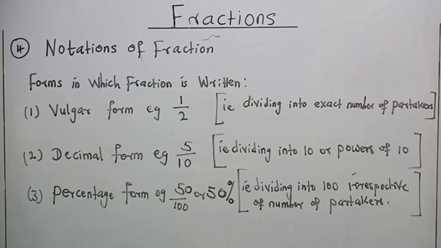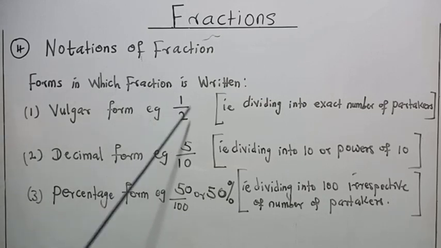Percentage means picking from 100, which is 1 out of the powers of 10 chosen as a standard, not minding how many partakers are involved. Notice that 1 over 2, 5 over 10, and 50 over 100 are the same in value. They only differ in the form in which they exist.